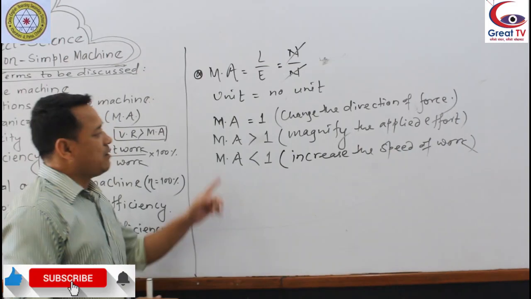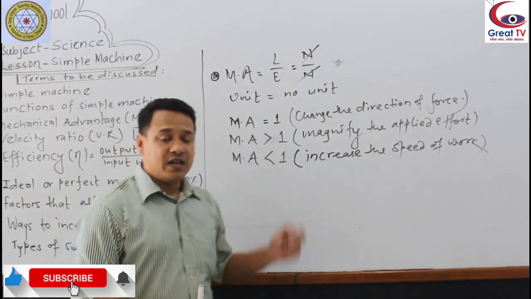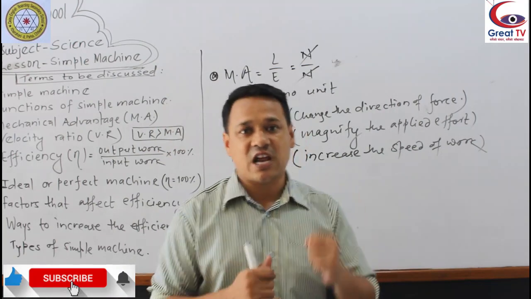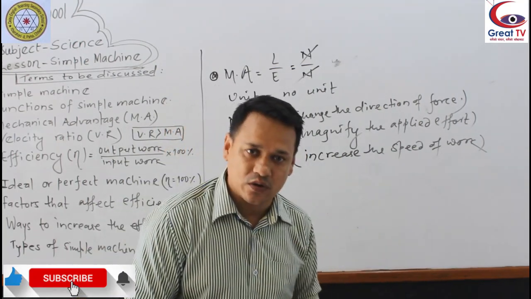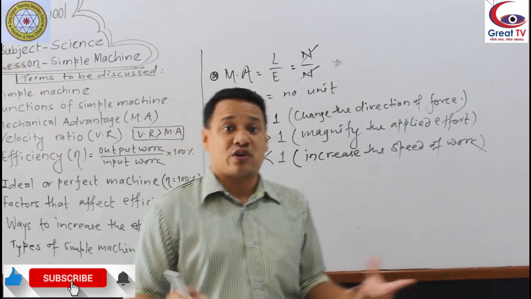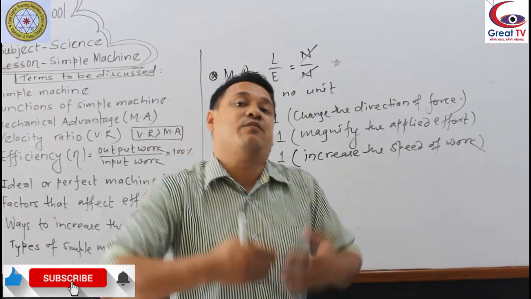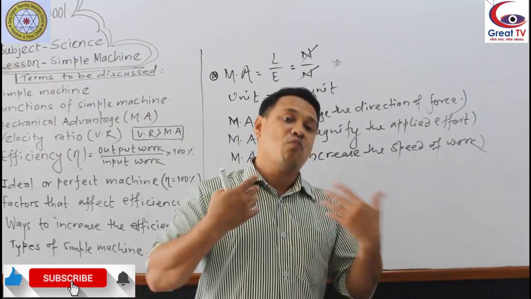Similarly, if MA is greater than 1, then such a machine magnifies the applied effort. It means using less effort you can complete heavy work and lift heavy loads. That is mechanical advantage more than one.